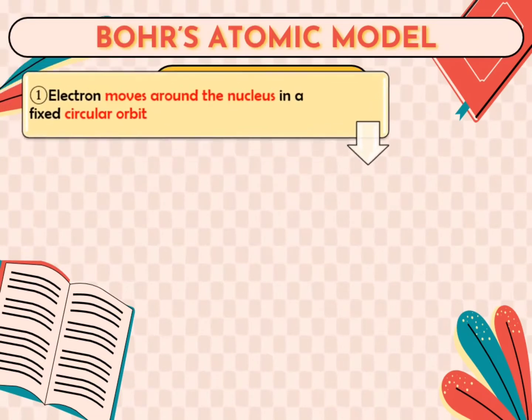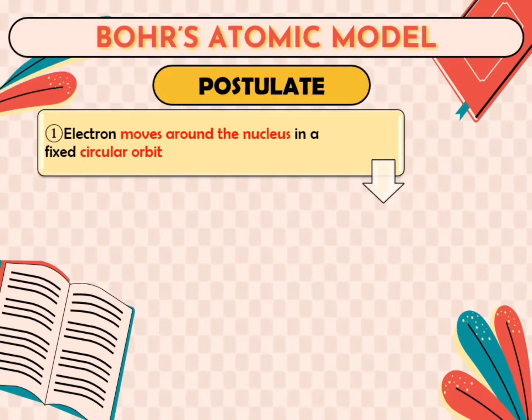The first one is electron moves around the nucleus in a fixed circular orbit.